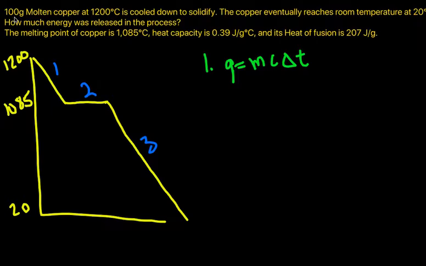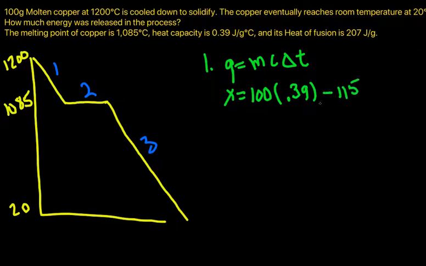So let's continue on with our calculation. So I'm looking for Q, so Q is X. I got 100 grams. The specific heat of copper is going to be 0.39. And my temperature change goes from 1200 to 1085. So 1085 minus 1200 is negative 115.